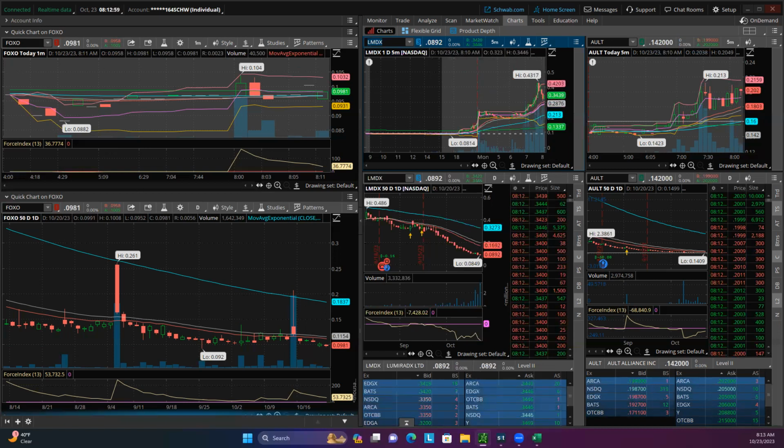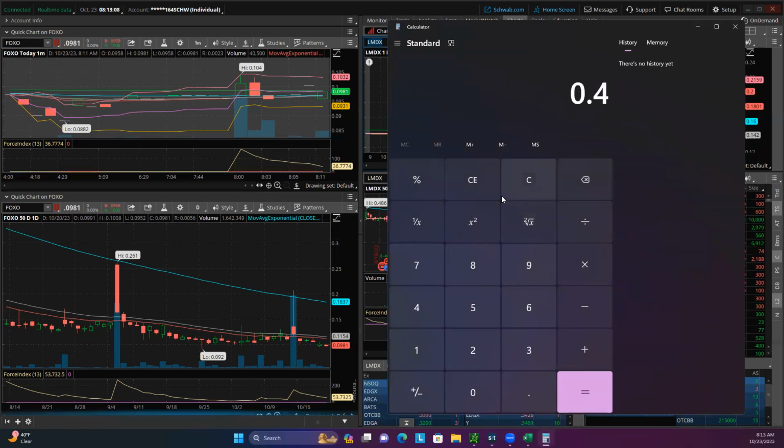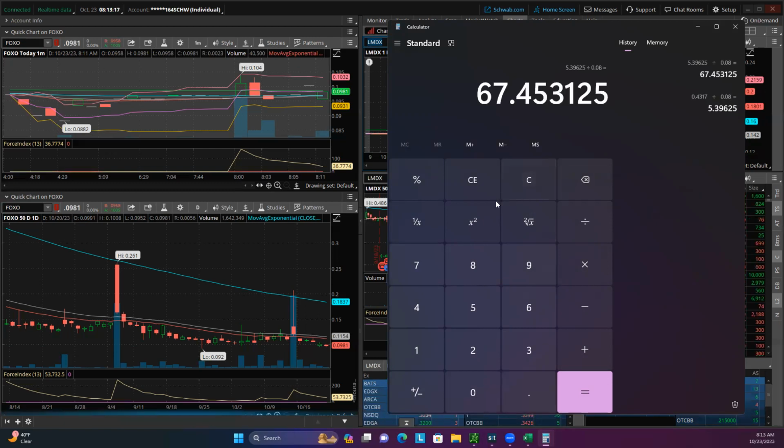That's a massive percent return. 43.17 minus 8 cents. Oh, I had the wrong thing.